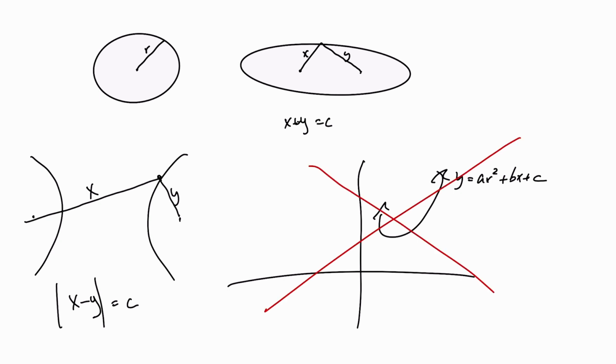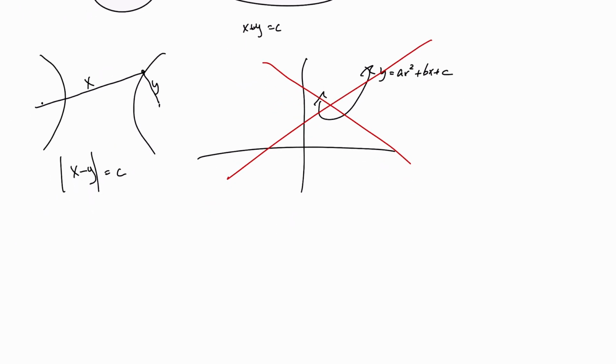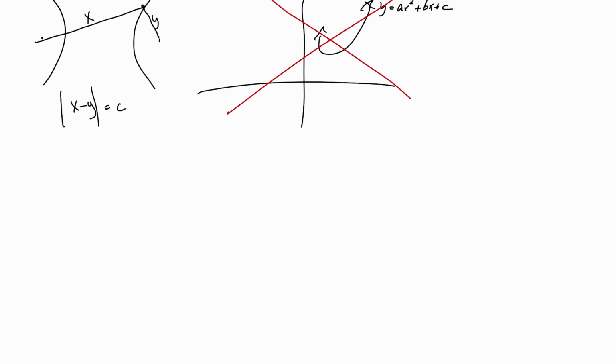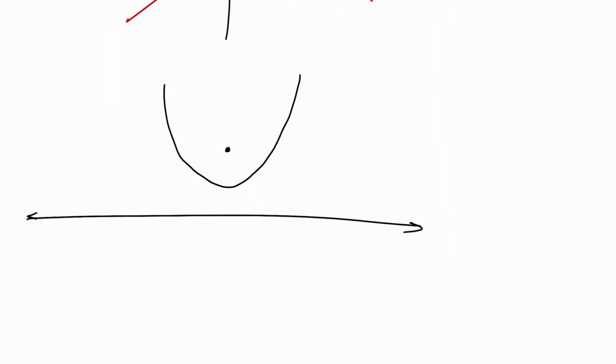A parabola is the set of points such that there is one focus and one directrix, and the distance from each point on the parabola to the focus is equal to the distance to the directrix. We say these two distances are the same.